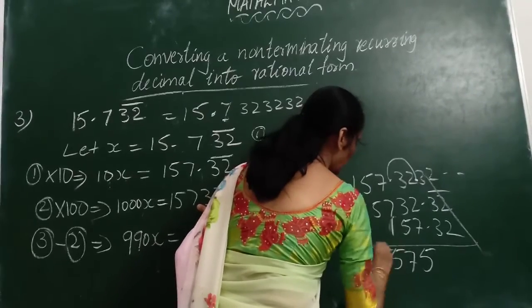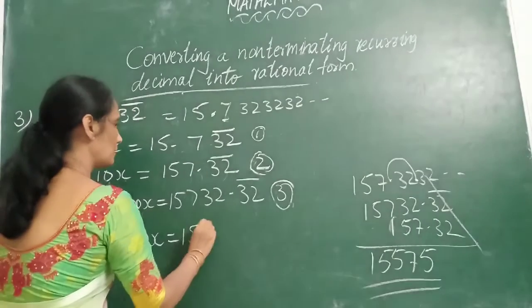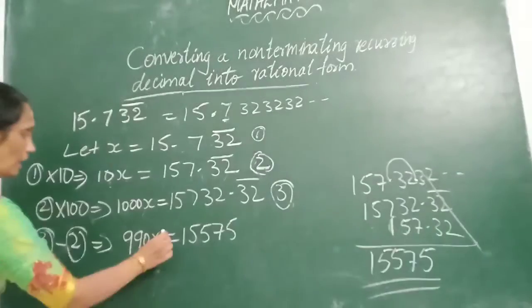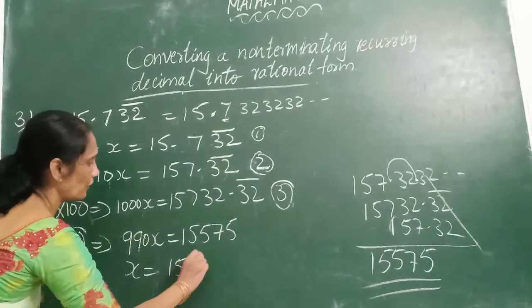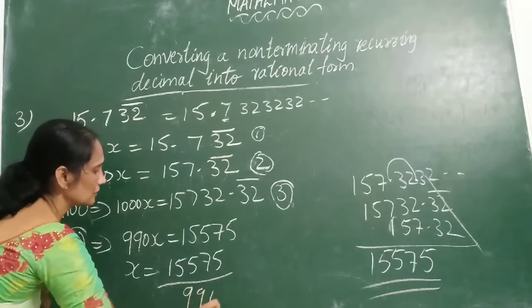Right or not? Do you know subtraction? Okay, 15,575. Now we should find out x is equal to 15,575 by 990.